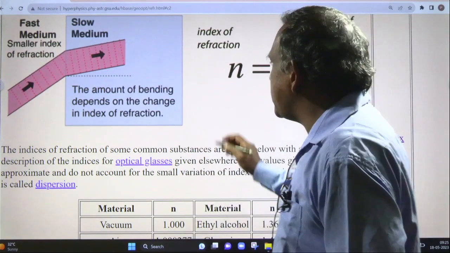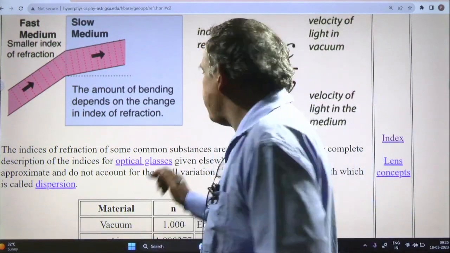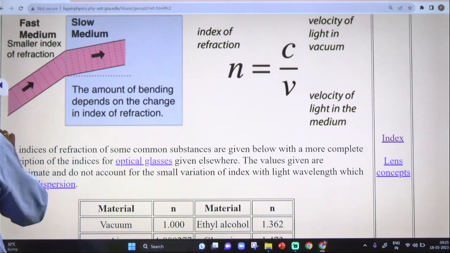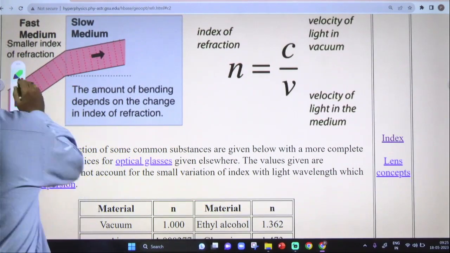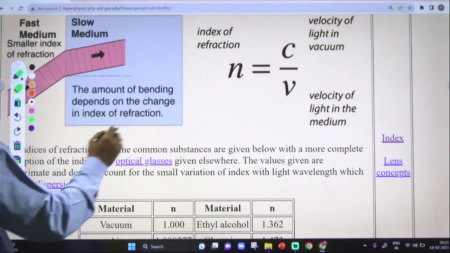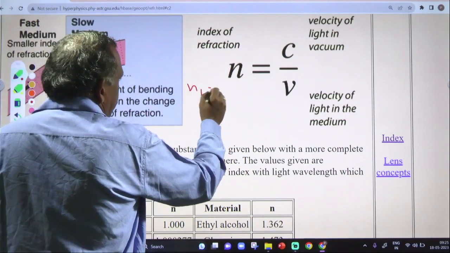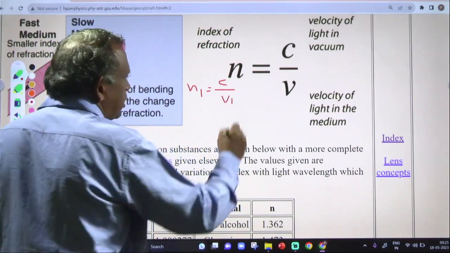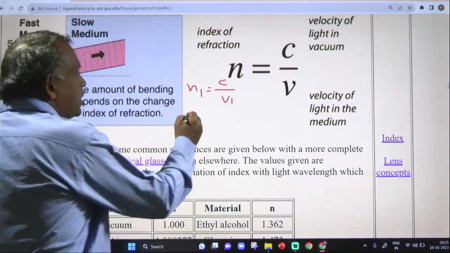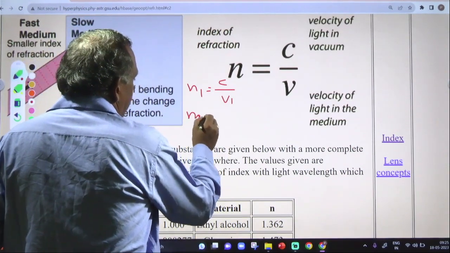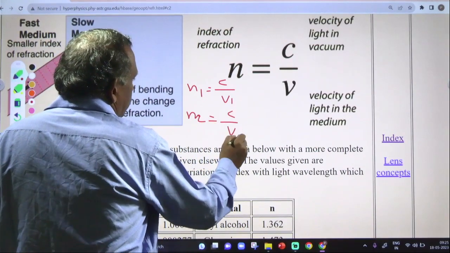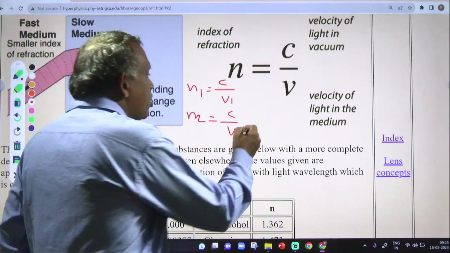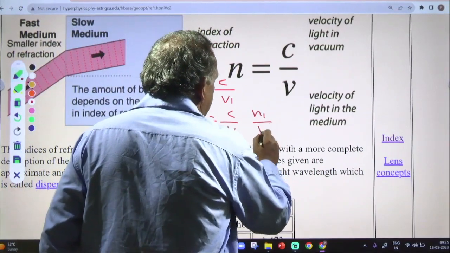Let us take two different media. The first medium has refractive index n1 = c/v1, and the second medium has n2 = c/v2. If you find n1 by n2, this is called the relative refractive index.